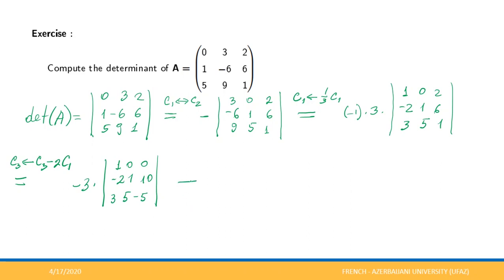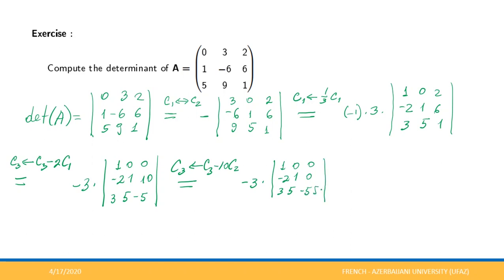Okay, this is equal to, here I will use this elementary operation. Instead of third column, minus 10 times second column. Then in this case the value of the determinant will not change as well. It will be minus 3 times the determinant of 1, 0, 0, minus 2, 1, 0, 3, 5, minus 55.